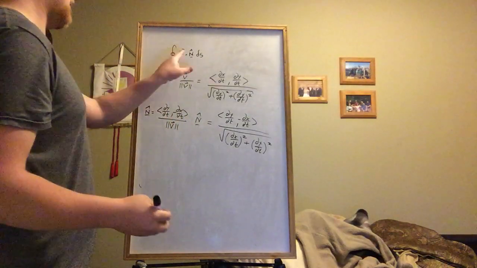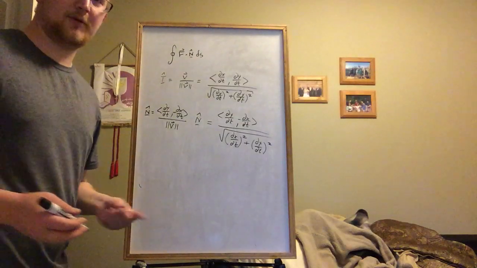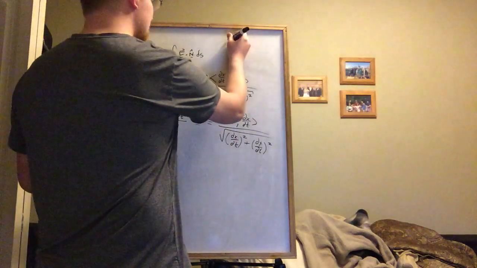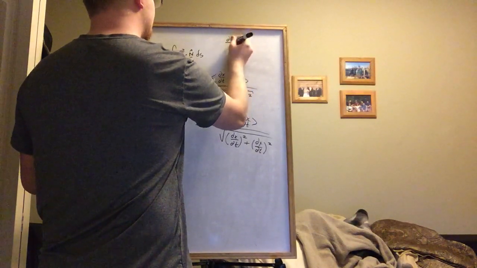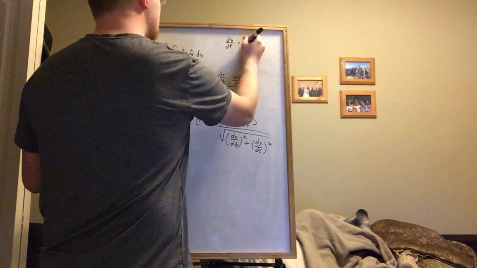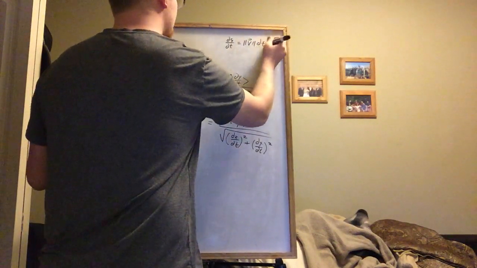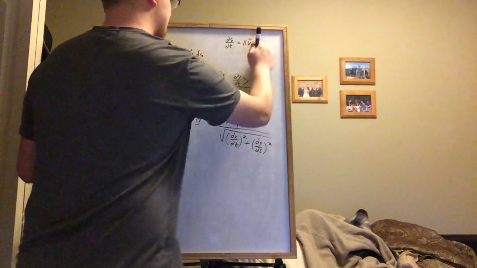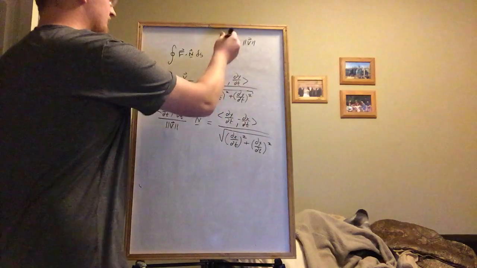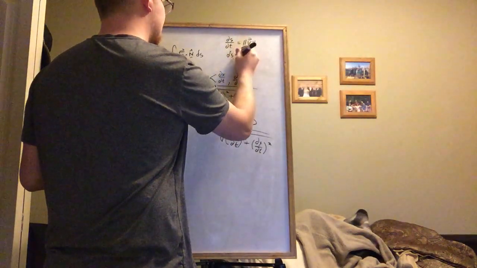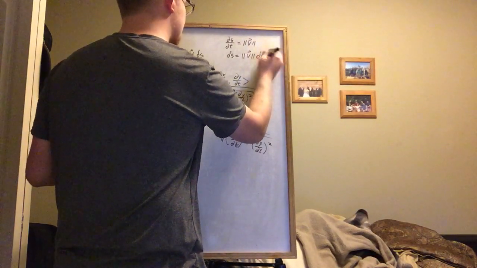Alright, now let's look at this part of the formula, the ds. How can we write ds? Well, we know that ds/dt is the absolute value of velocity, because ds is directionless. We can rearrange this to show that ds equals the magnitude of v times dt.